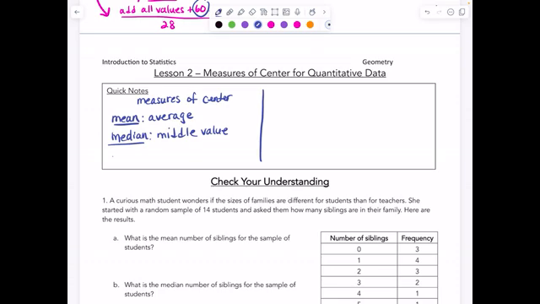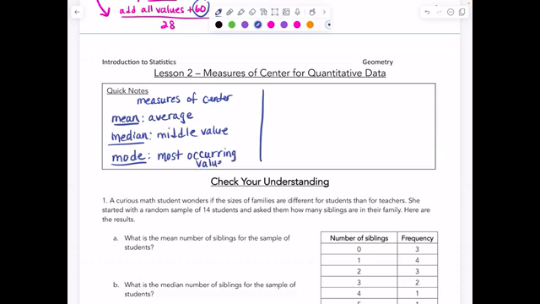And there's another measure of center that we can use, and it's called the mode. And the mode is the most occurring data point. The mode is the most occurring, not the highest, the most occurring value.